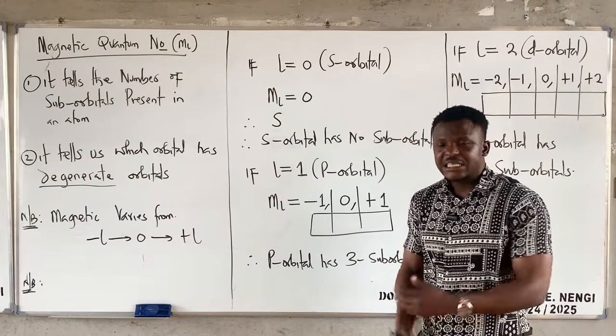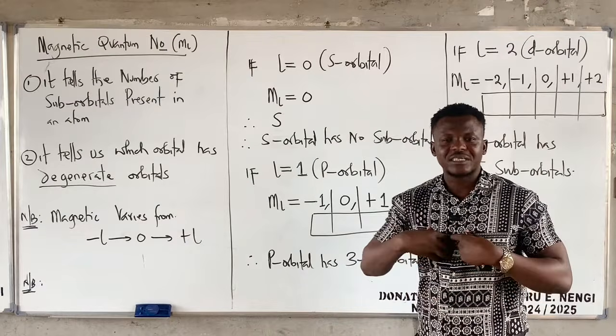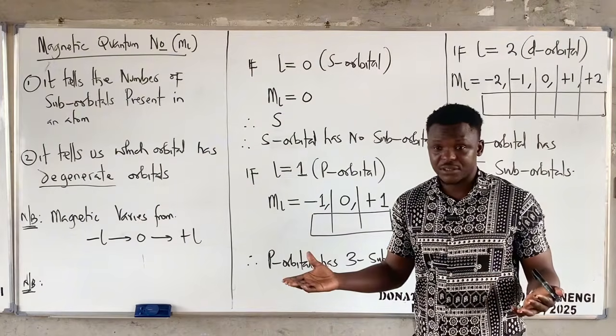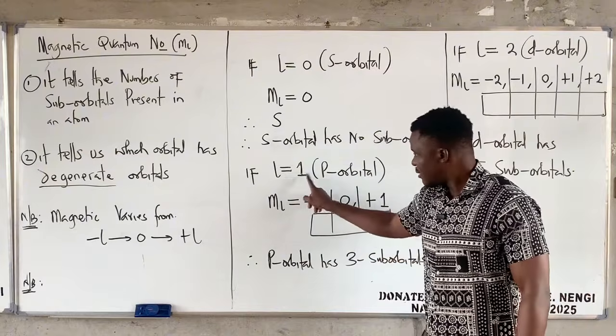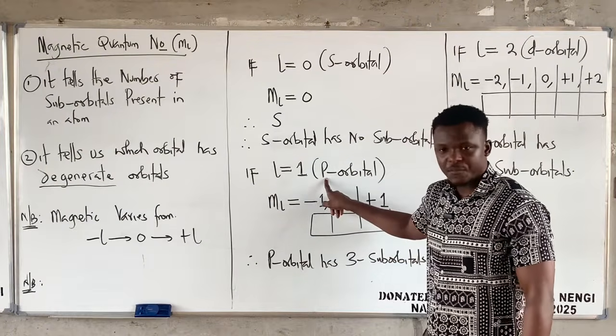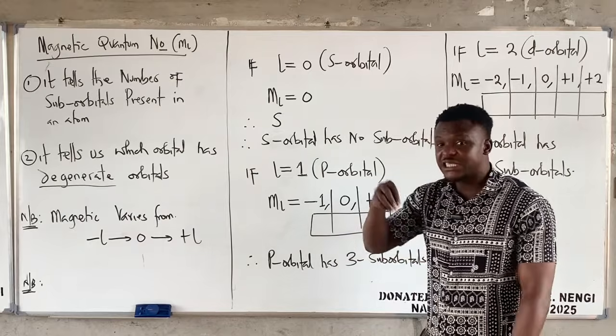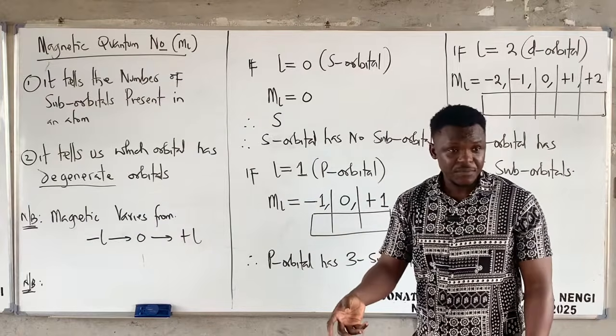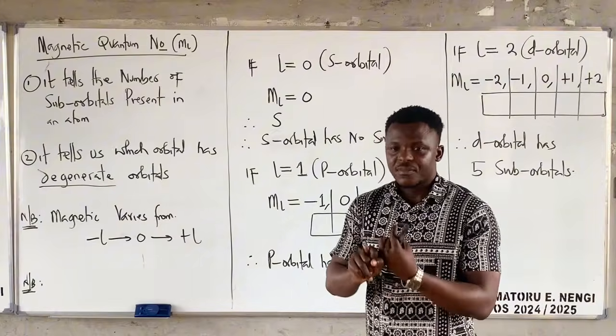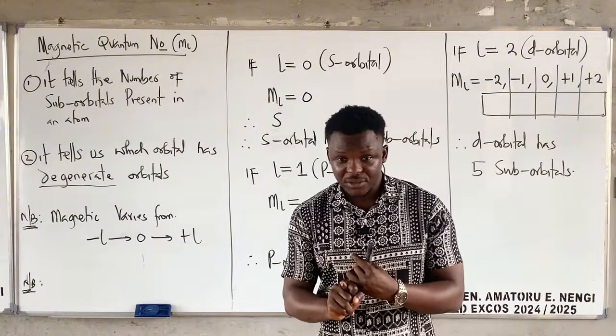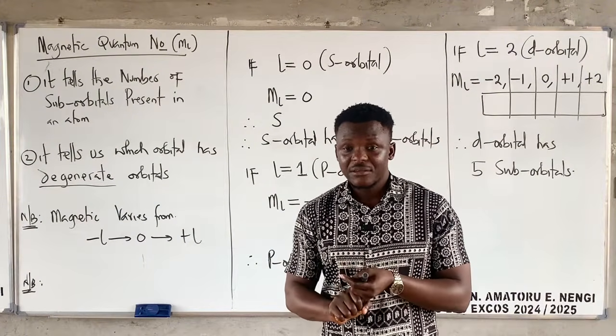It's 3. Degenerate simply means that 3 of us will have the same energy because we are coming from the same source. This is P. 3 of them are under P. So 1, 2, 3 have the same energy. The word degenerate means same energy. P orbital has 3 degenerate orbitals. D has how many? 5.